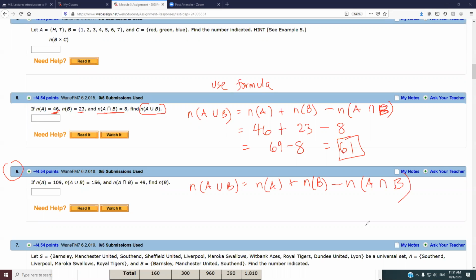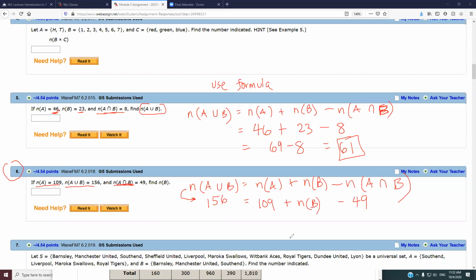All right. So let me plug in what they gave me. The number of elements in set A is 109. The number of elements in the union is 156. So that's this substitution here. The number of elements in the intersection is 49. And I don't know what the number of elements in set B is.